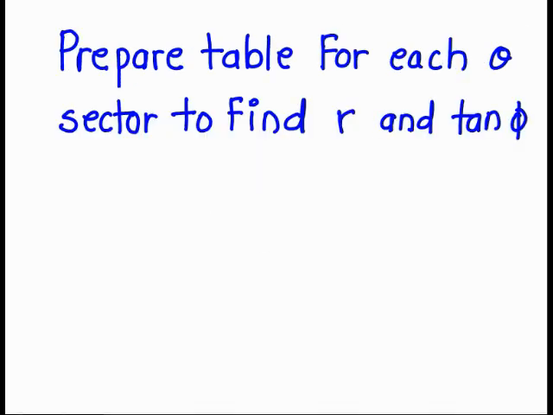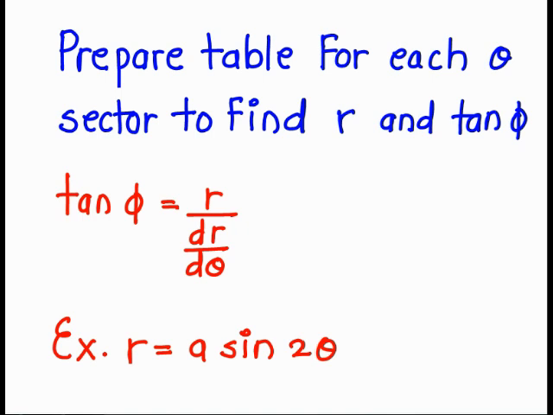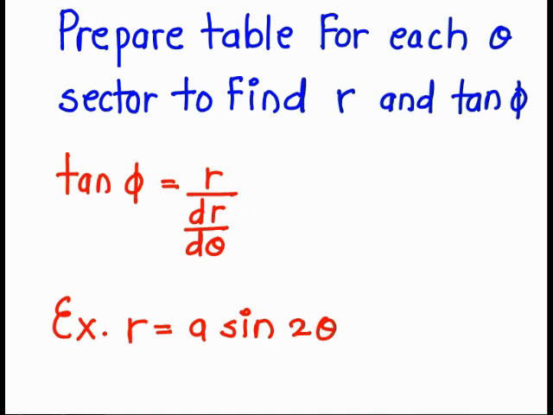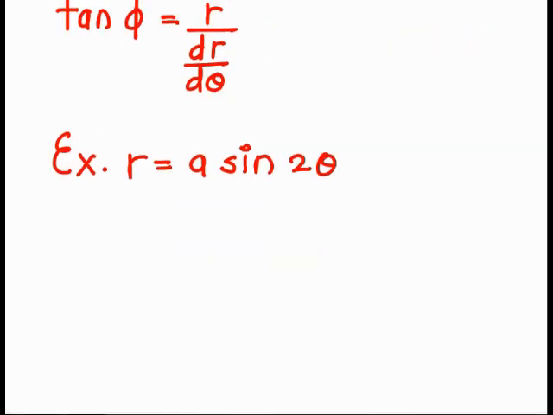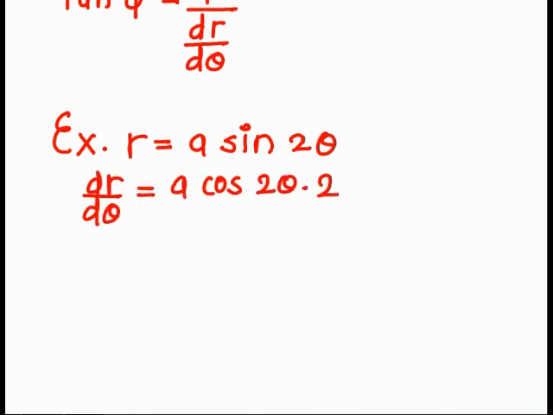So for that we need to prepare a table for each theta sector to find r and tan phi. So let's take an example. For that, the basic requirement is tan phi is equal to r upon dr by d theta. So for example, if r is equal to a sin 2 theta, we first take the derivative.